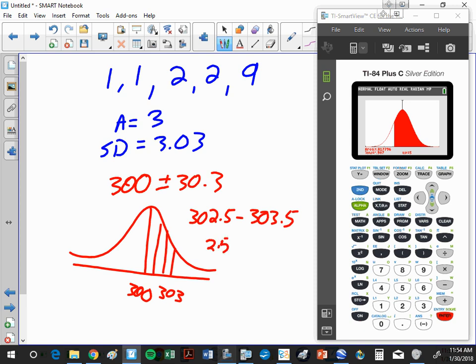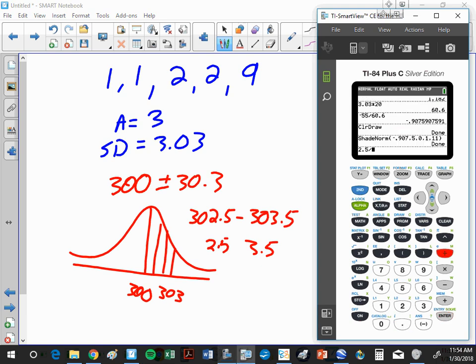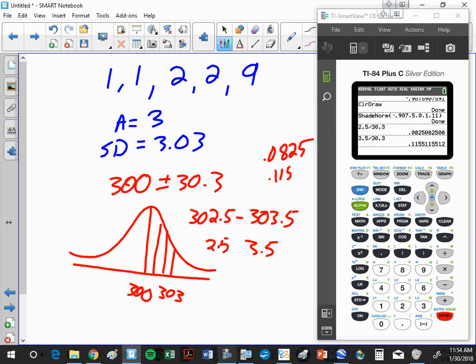And the right edge is 3.5. So 2.5 divided by 30.3 gives me 0.0825. And then 3.5 divided by 30.3 gives me a z-score of 0.115. I'm going to put that other 5 in there.